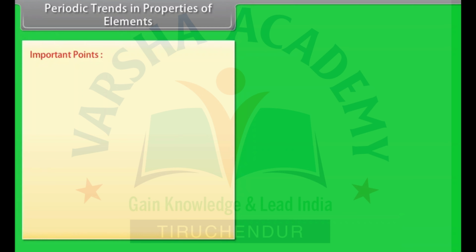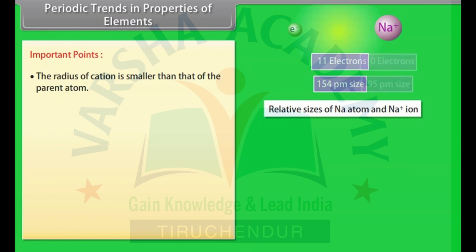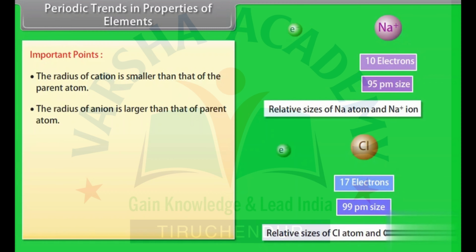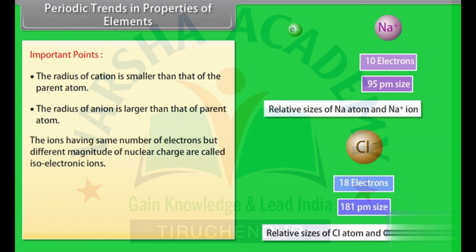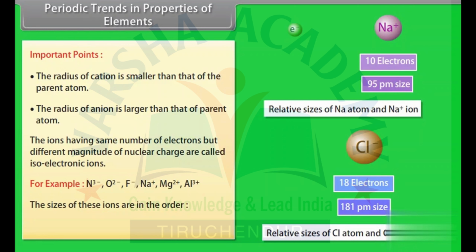Important points. The radius of cation is smaller than that of the parent atom. The radius of anion is larger than that of parent atom. The ions having same number of electrons but different magnitude of nuclear charge are called isoelectronic ions. For example, the size of these ions are in the order shown.